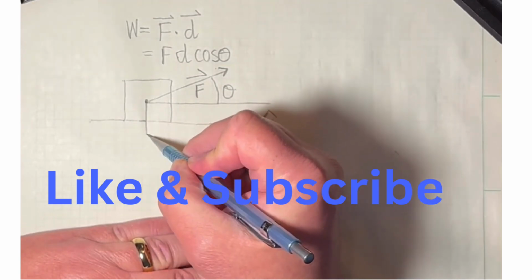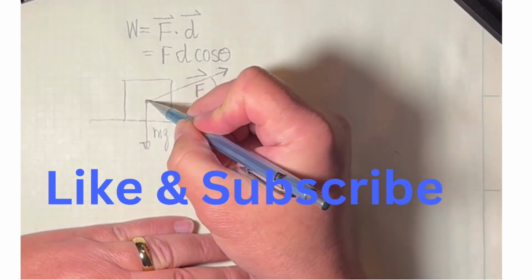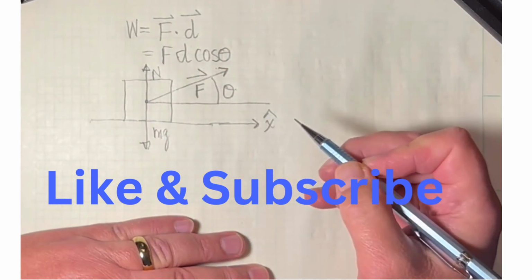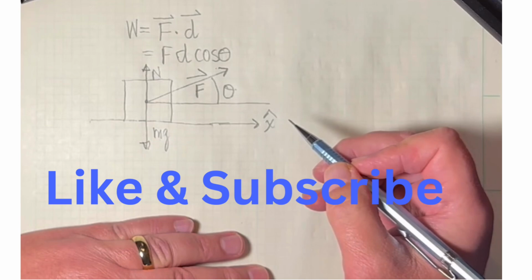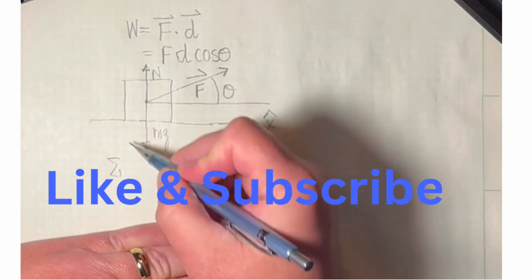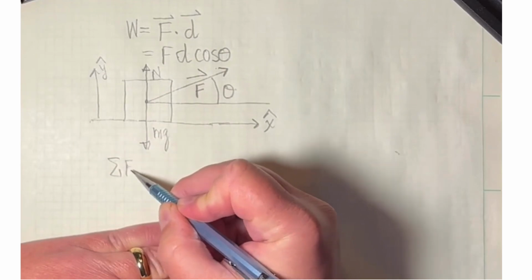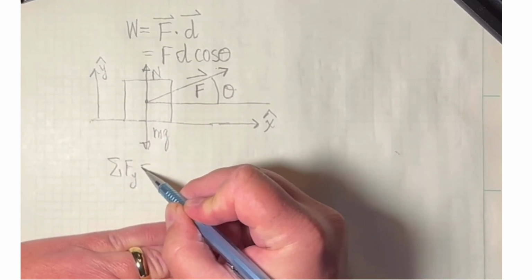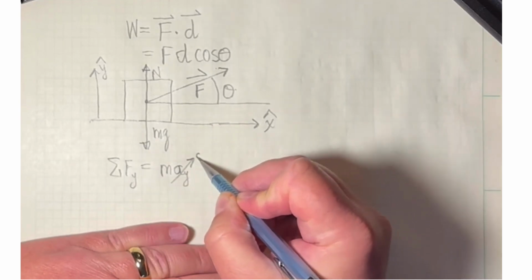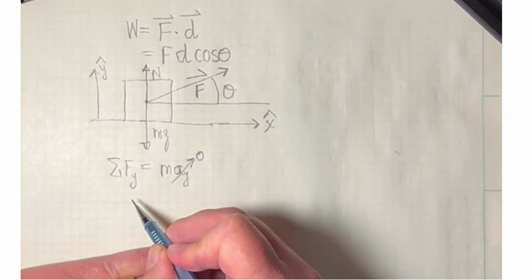Now we know we have the weight mg down, we have the normal force up, and in order for it not to fly off the table, we have to have an equation balance that the summation of the forces in the y direction is equal to the mass times the acceleration in the y direction, but we want that to be 0, because it's initially at rest and the acceleration is 0.